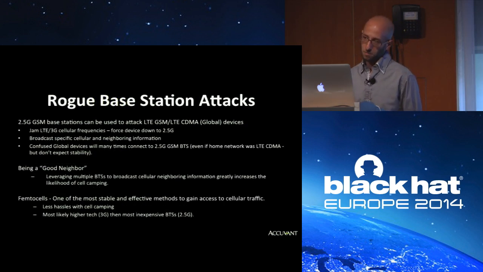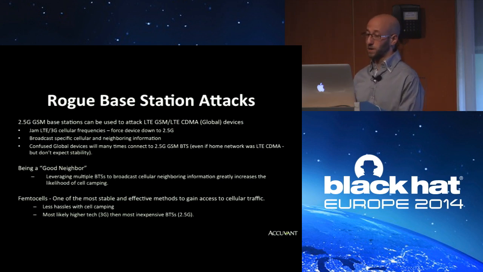Okay, another potential attack platform: rogue base stations. This is what I pretty much use at home in an RF shielded environment, though they can be very effective. My 2.5G, so EDGE, base station can be used to attack LTE cellular devices, including global phones which support both LTE and CDMA, or GSM and CDMA.